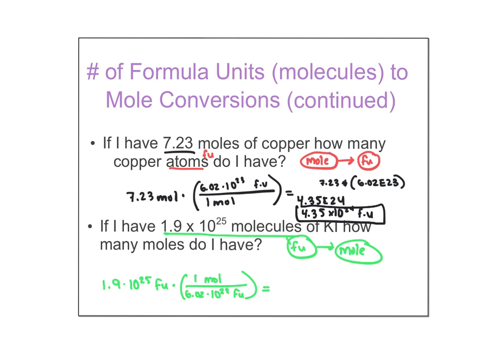In my calculator, I'm going to do parenthesis 1.9 E25, so 1.9, second EE, so that's the E, and then 25, close the parenthesis, times 1, hit equals, and then I divide that answer by a new parenthesis 6.02, and then EE, or E is how it shows up in the calculator, so second EE, and then 23, close parentheses. And I get my answer as 31.56 moles.